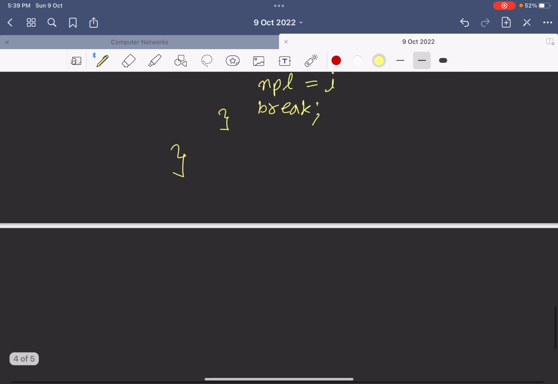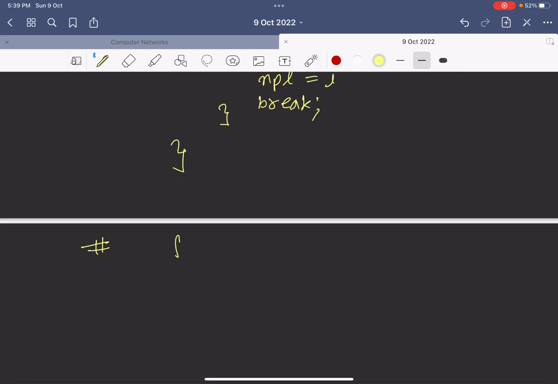Similarly, I traverse from i equals n plus 1 till i equals 2 times n.